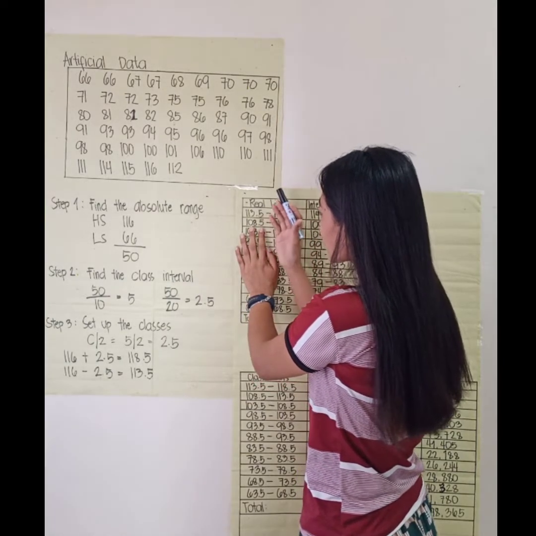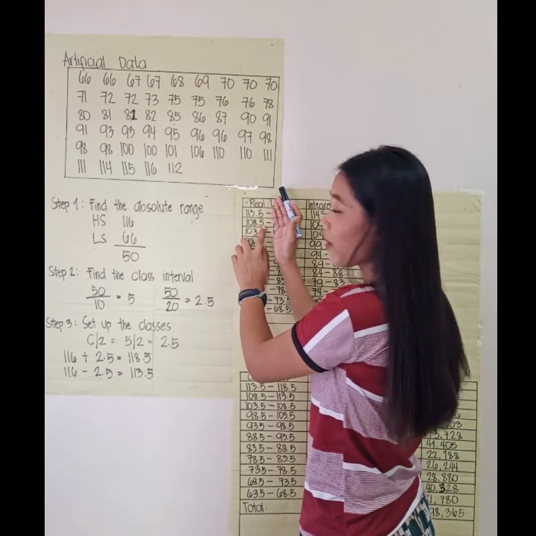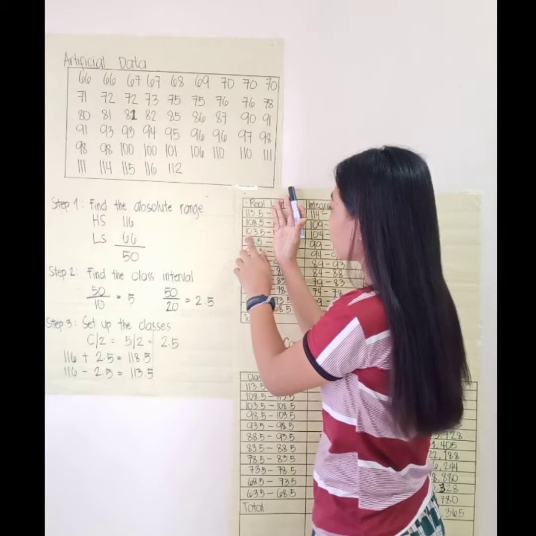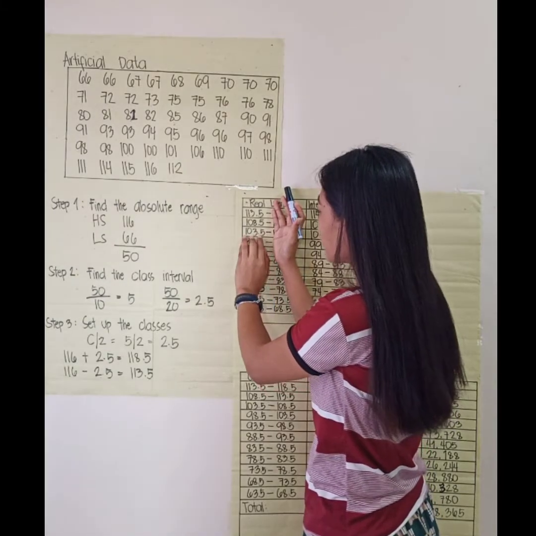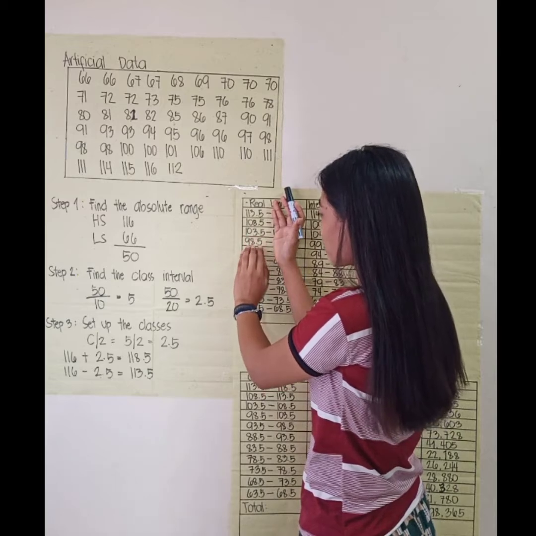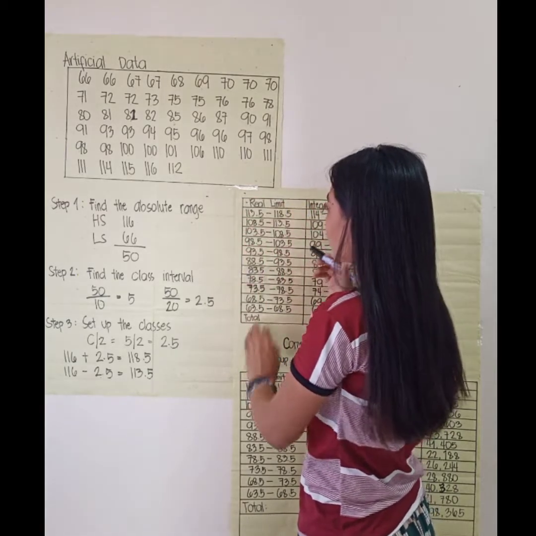Next, 108.5 minus 5 is equal to 103.5. Next, 103.5 minus 5 is equal to 98.5, and so on and so forth.